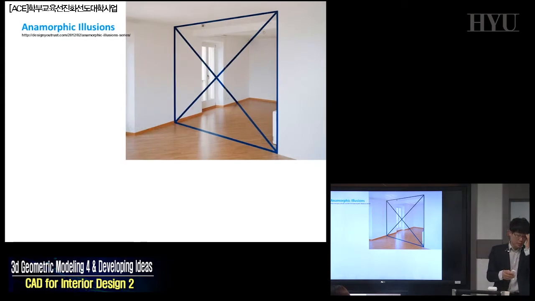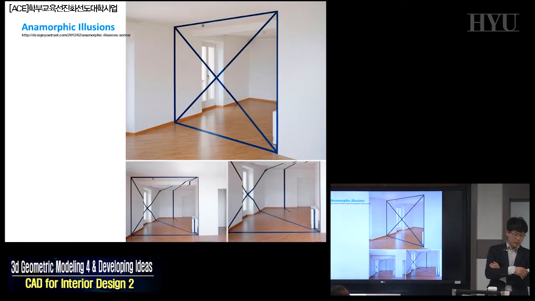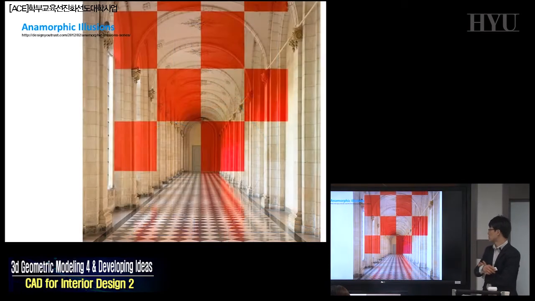This is an example of some kind of intended visualization of animal peak illusions. Actually, it has some different view when you see it from a different angle, but from a very specialized angle, you can find some designers' or planners' intended visualization, something like this.